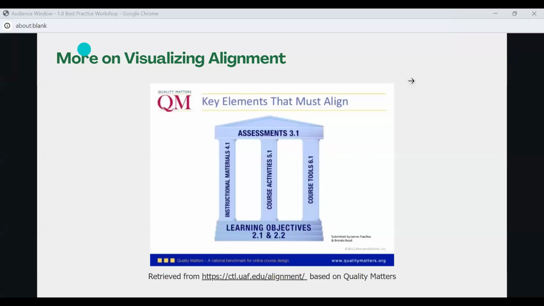Okay, yeah. So this is the Quality Matters illustration of alignment, which is commonly referenced when talking about alignment of objectives and everything in your course, right? And I like it because the objectives are the literal foundation upon which everything else is built, capped off by the assessments, which is how you evaluate whether or not your students know what you want them to know.